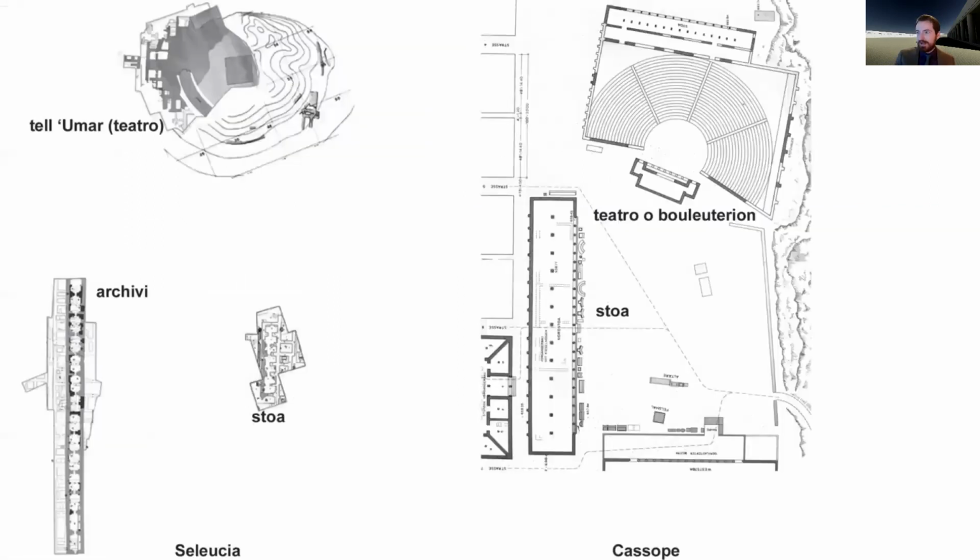And of course, this is Cassiope in Epirus in Greece. Similar sort of structure here. So that's where we have a theater with a stoa associated. Same thing happening here. So things happening well into the heartland of the state of Greece proper are happening deep in the Mesopotamian plain.